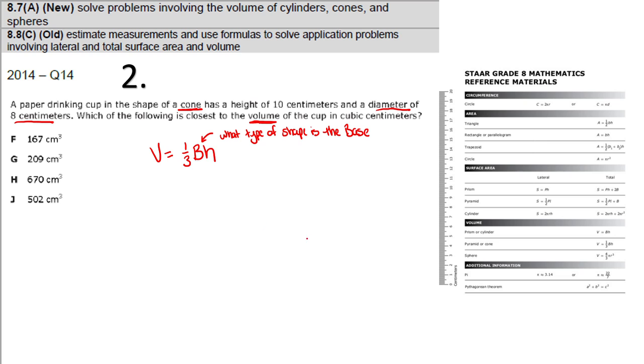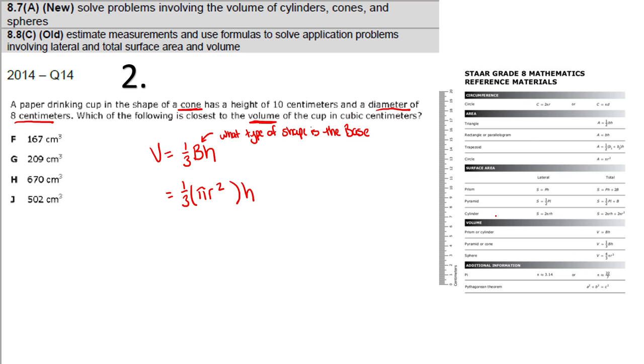We only use diameter when we're talking about circles. So since it's talking about a circle, we need the area of a base. So circle right here is pi r squared. So this is going to be 1/3, and then multiply by pi r squared times your height.